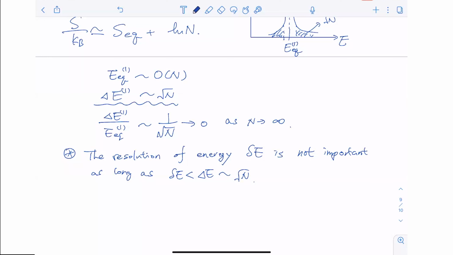Okay, so when the particle number is huge, you actually do not really care about the individual resolution of your energy.